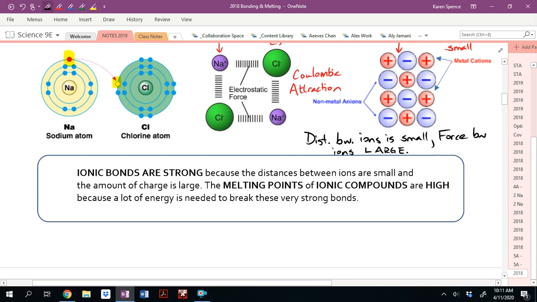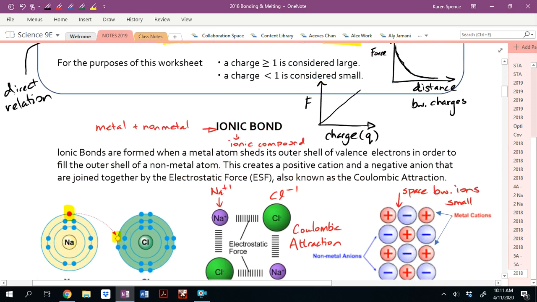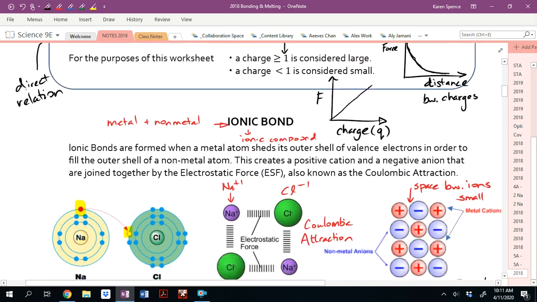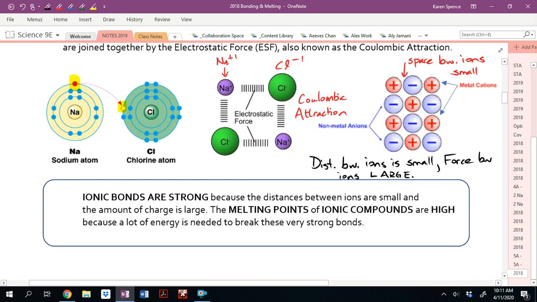Also, for the purposes of this worksheet, remember we were saying that a charge of greater than or equal to 1 is considered large, so they also have a relatively large charge. That's a -1 charge, considered a relatively large charge. So we have a small distance, we have big charges, and that means that the bonds are strong.